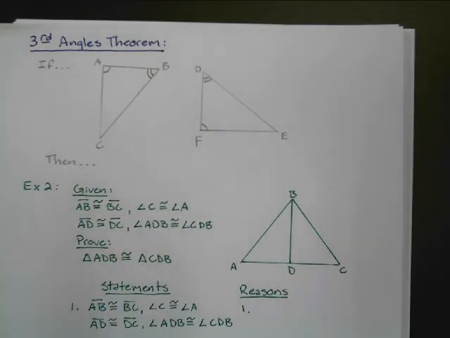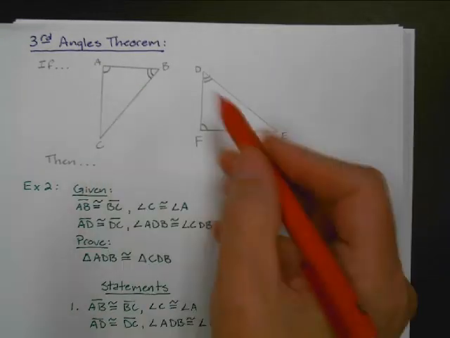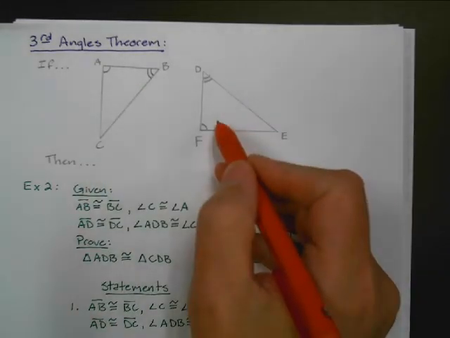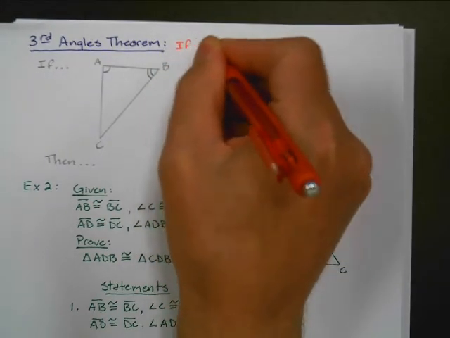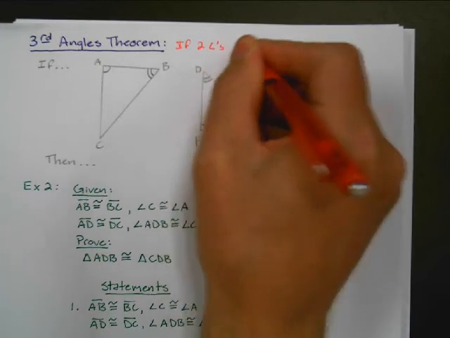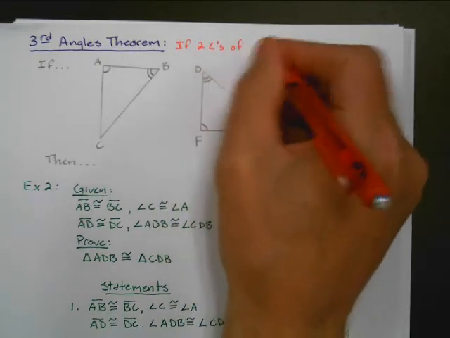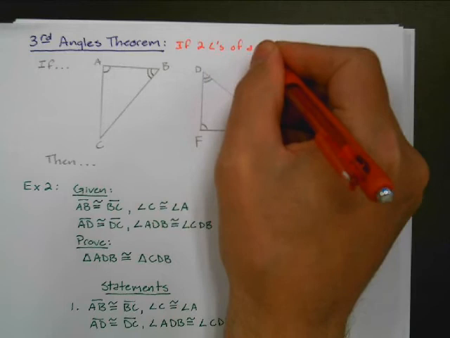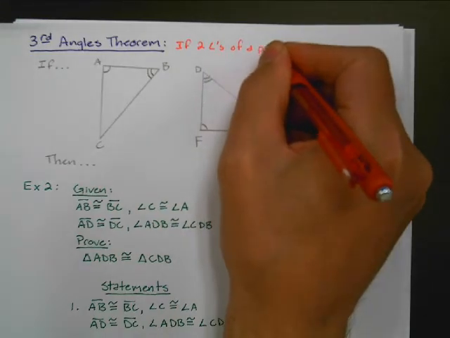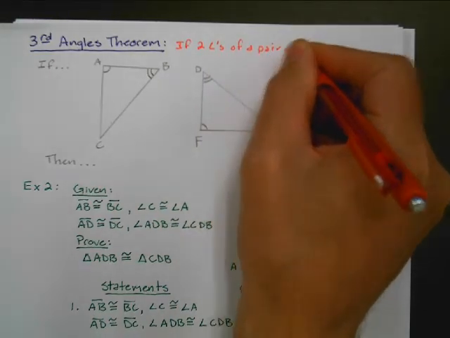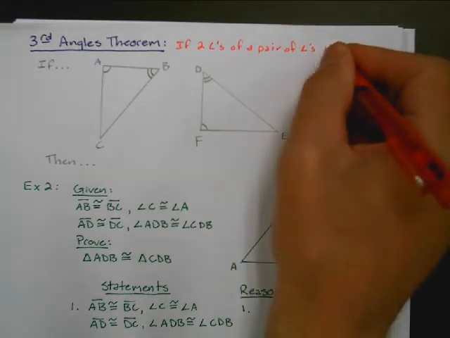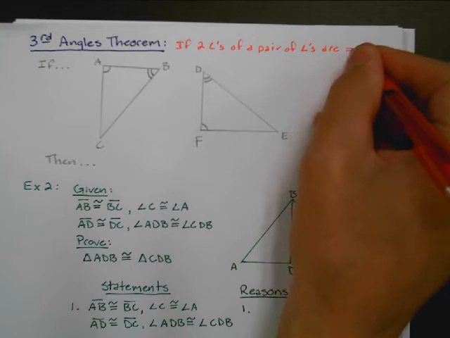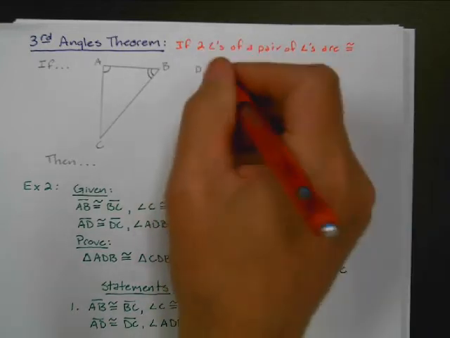The third angle theorem says if two angles of a pair of triangles are congruent, then the third angles are congruent.